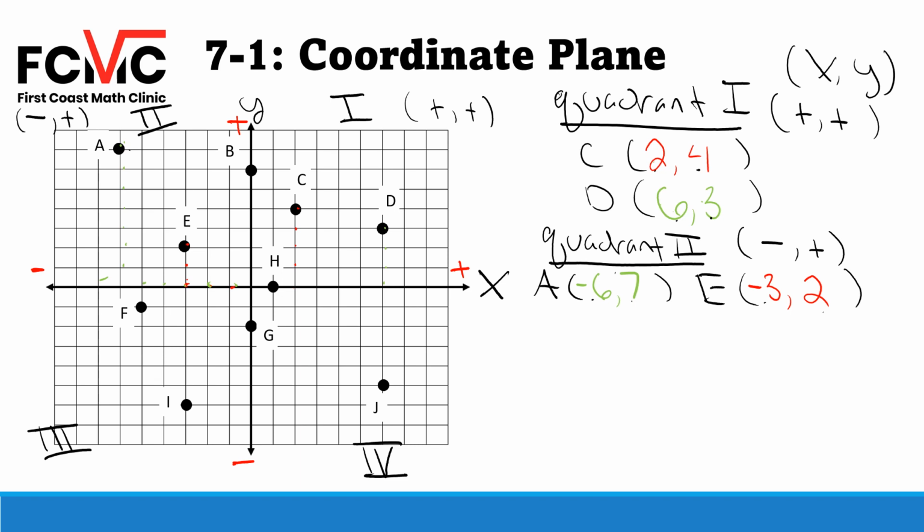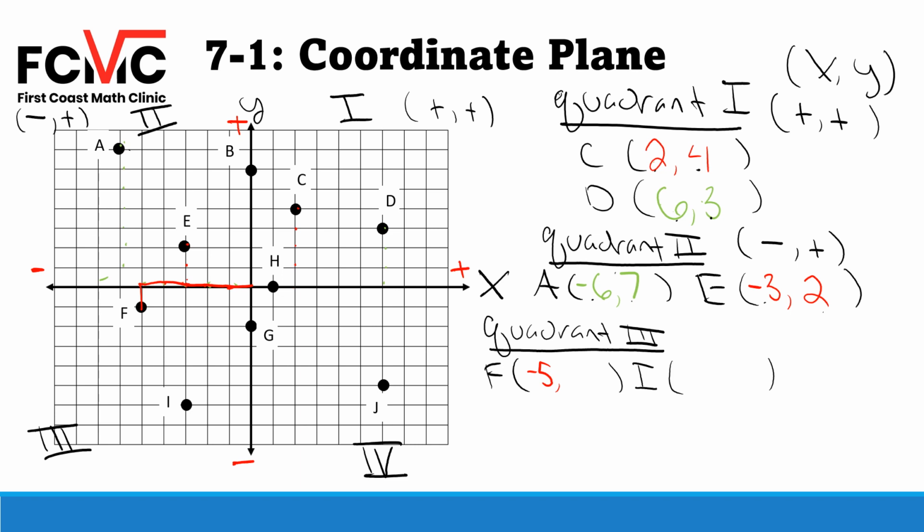Let's look at quadrant 3. So quadrant 3, we've got points F and I. So F, we're again moving to the left, so negative direction, so negative 1, 2, 3, 4, 5, so negative 5, and we're moving down 1, negative 1, right?